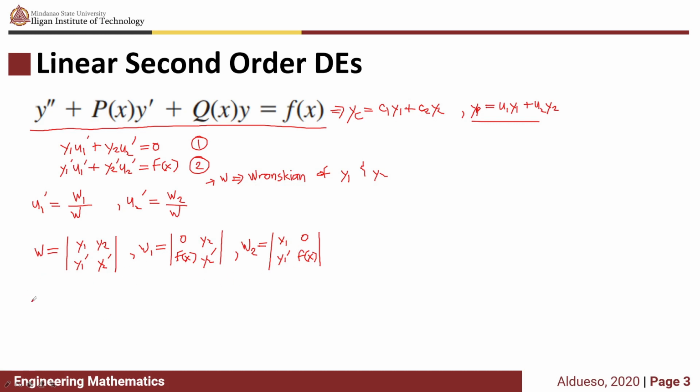Using these determinants, u1 prime is equivalent to negative y2 f of x over w, and u2 prime is equivalent to y1 f of x over w. Now, solving for u1 and u2, we just need to integrate these functions.